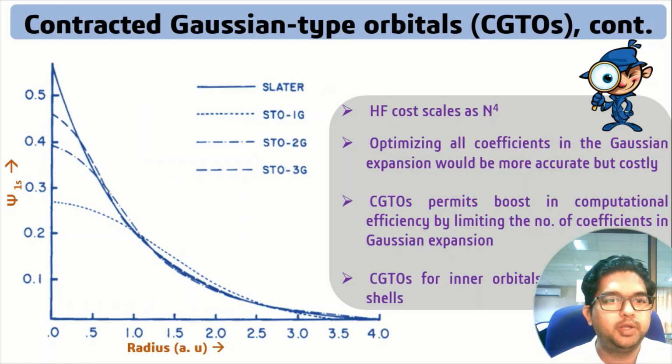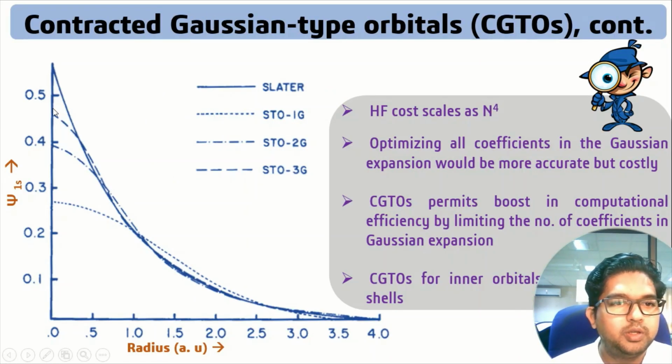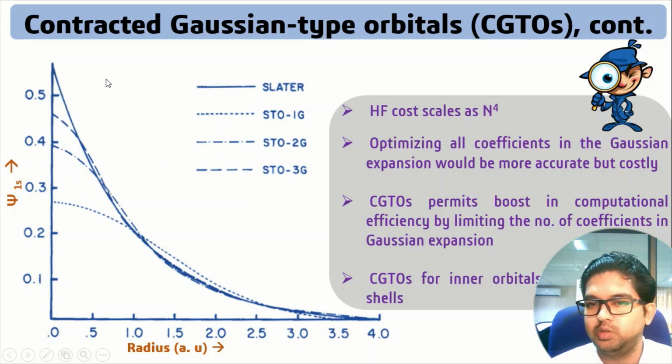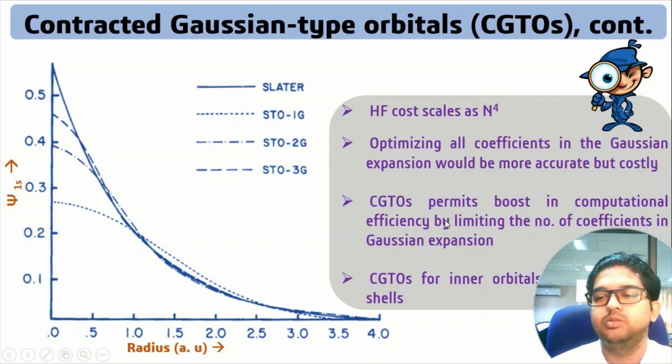Here you can see that if we increase the basis set, it is like mimicking the Slater type orbital. So the linear combination of Gaussian type orbitals will be mimicking the Slater type orbital.